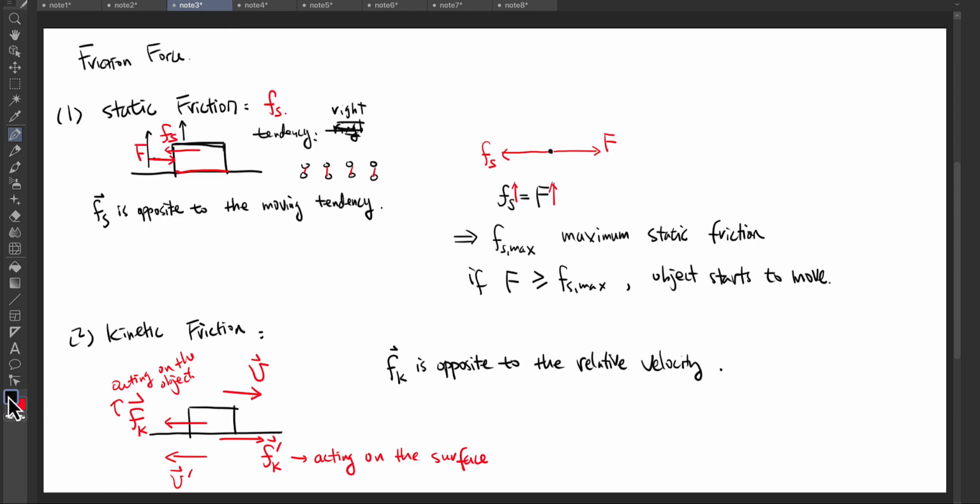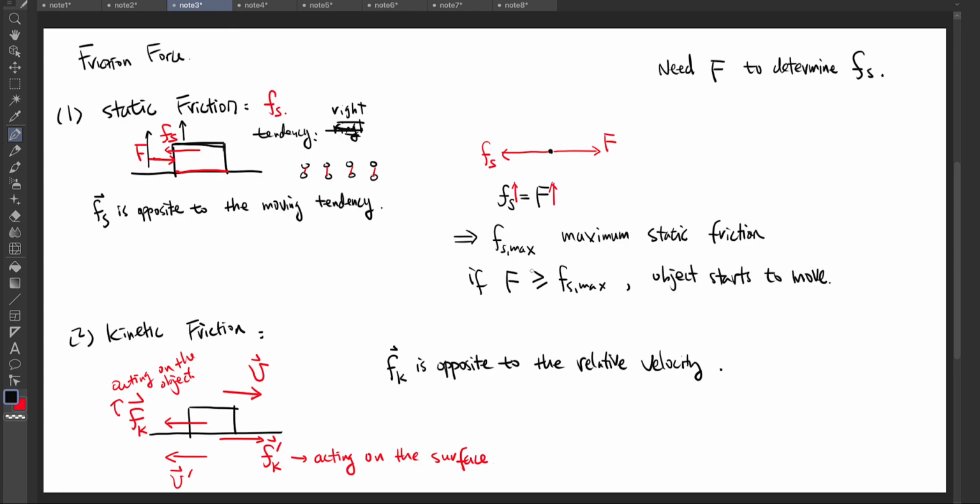That's one way of calculating Fs. We need this equilibrium condition, and we need this external force F, the other force F. So we need F to determine Fs.